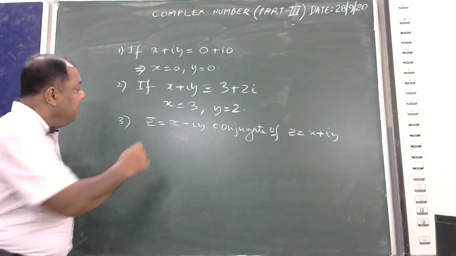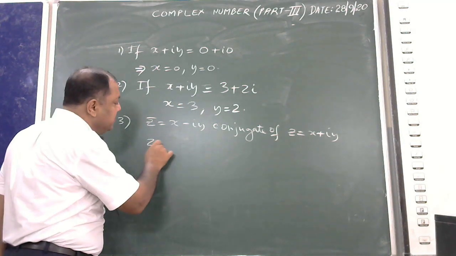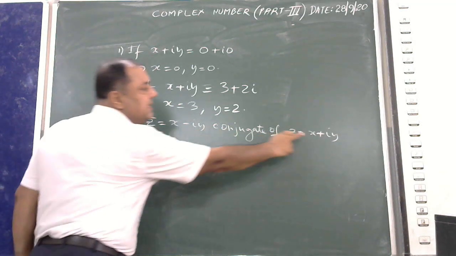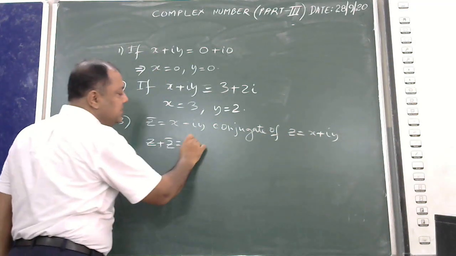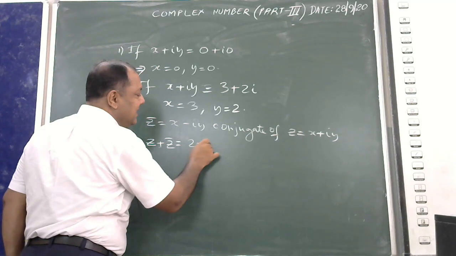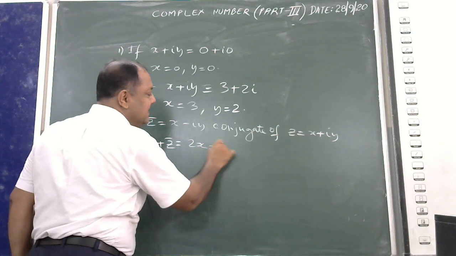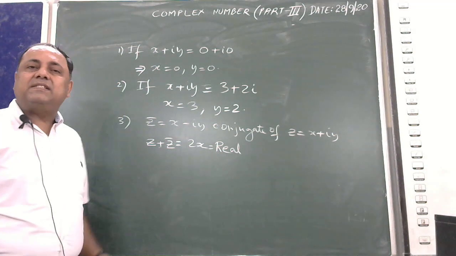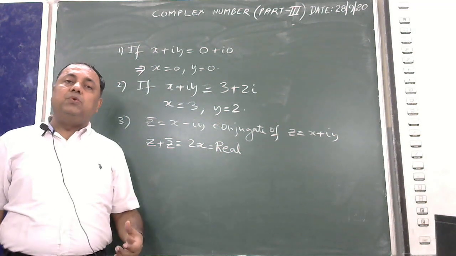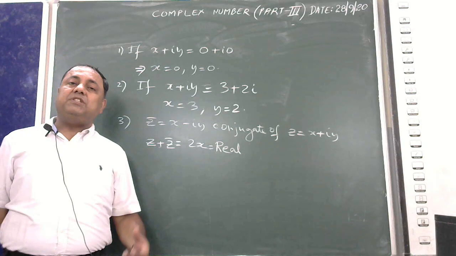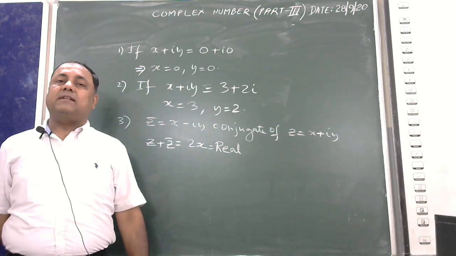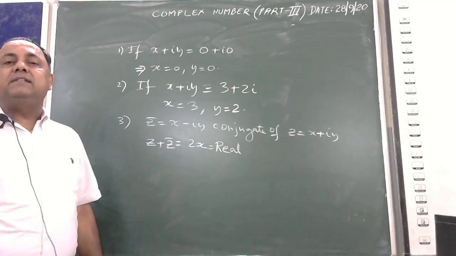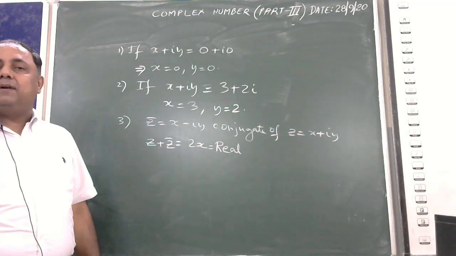When I add these two, z plus z bar, the iy terms get cancelled, left over is 2x, only 2x, which is real. If I add two numbers where one is the conjugate of the other, z plus z bar, it is simply a real number.